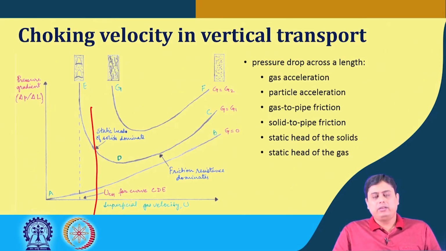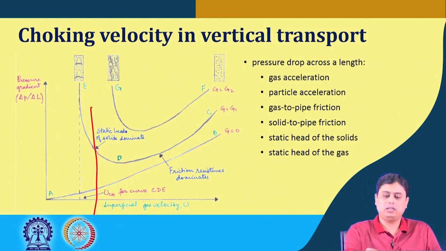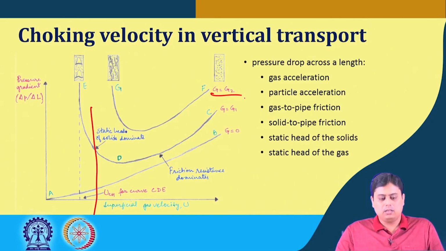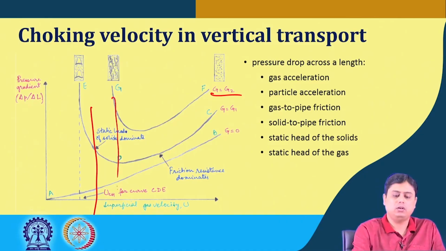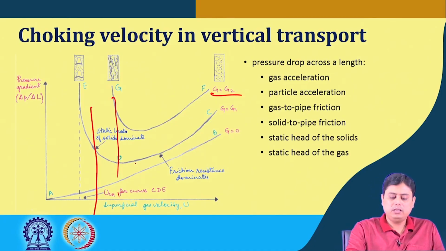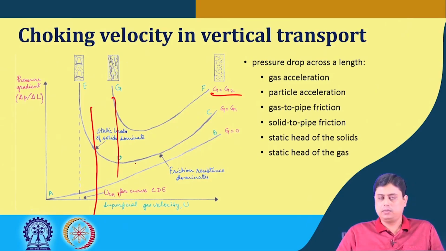Now, if we increase the solids concentration in the feed, that means the solids loading, what happens? This choking velocity also increases. The requirement of the velocity in order to choke also increases. So, that means the choking velocity can be arrived at by two conditions.